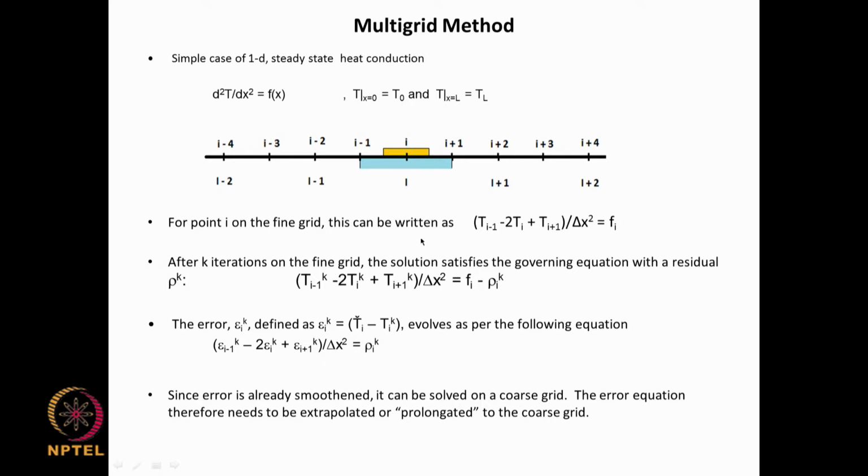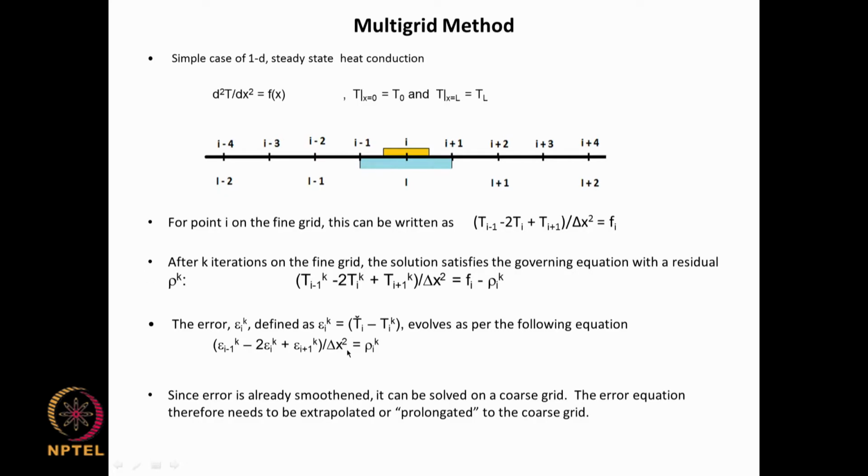This has already been solved for k iterations, and in the process all the short wavelength contribution of this error has been damped out, because the Gauss-Seidel method is very effective in removing short wavelength errors.